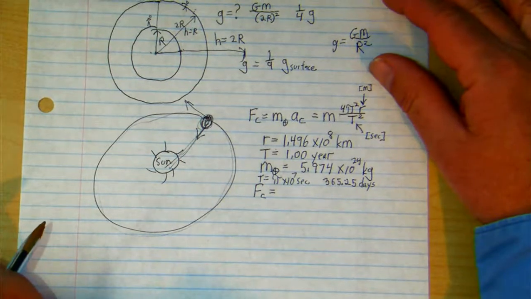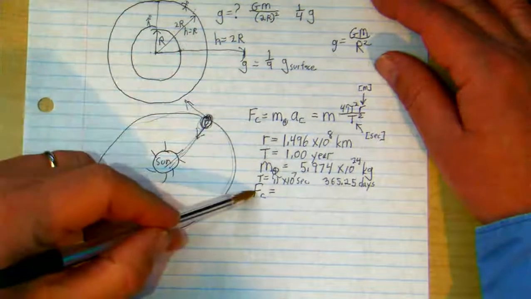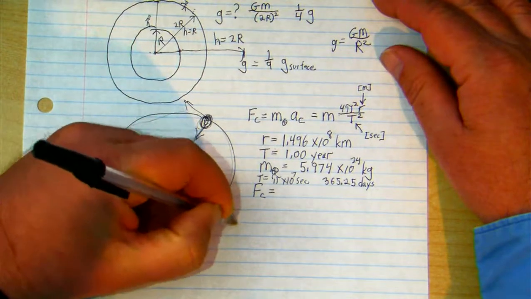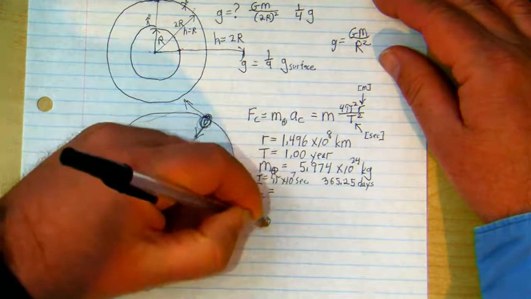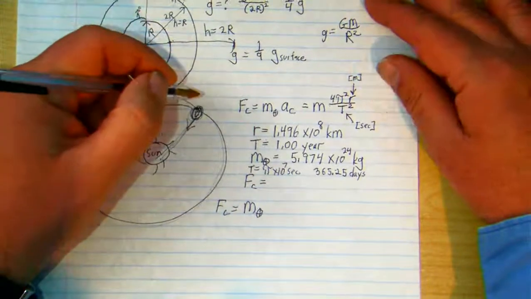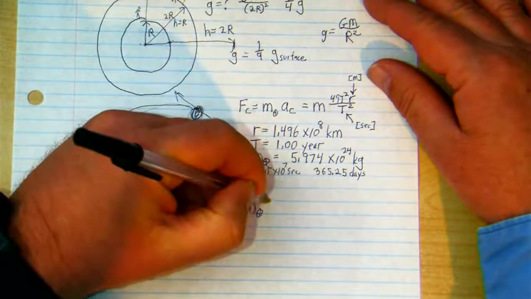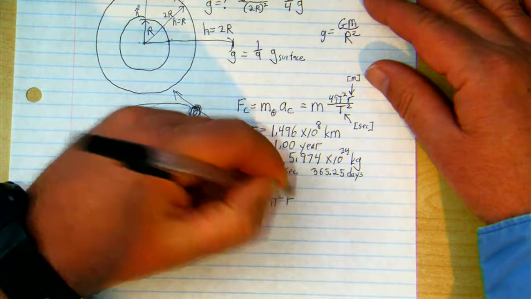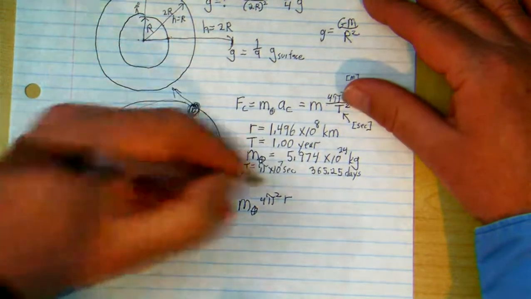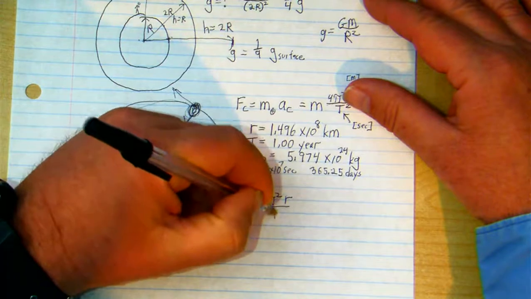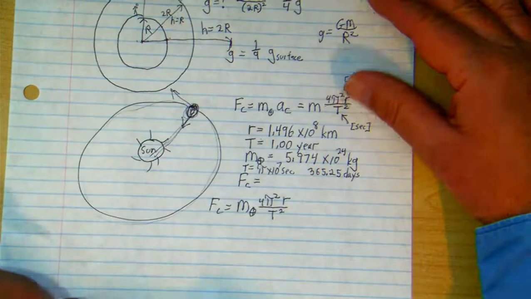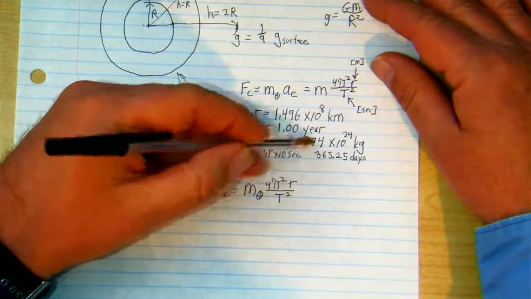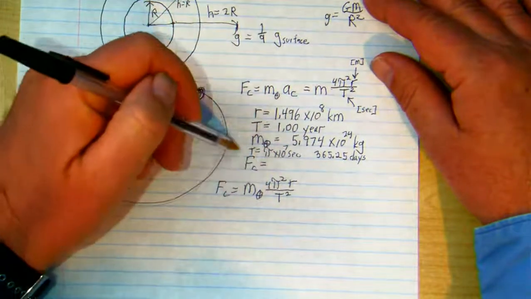In this situation, to calculate the centripetal force, the equation I used, of course, was the mass of the Earth times 4 pi squared times the distance from the center of the Earth to the center of the Sun divided by the period squared. Of course, the units have to be converted into meters and seconds for this to work out correctly.